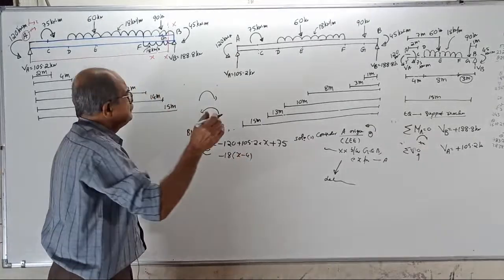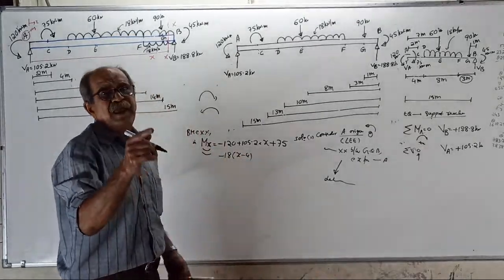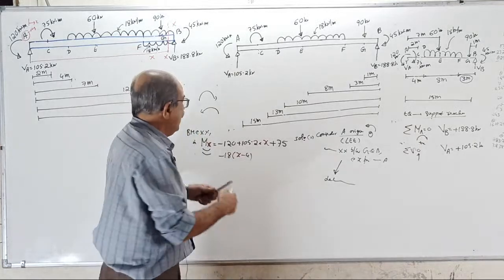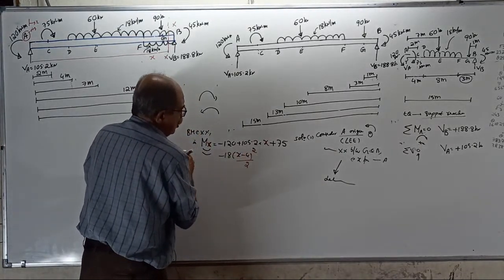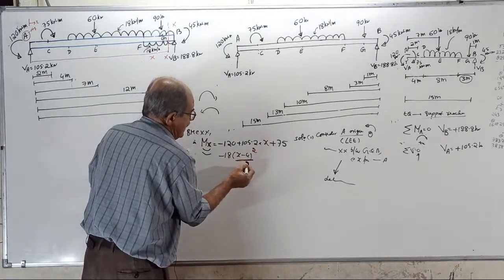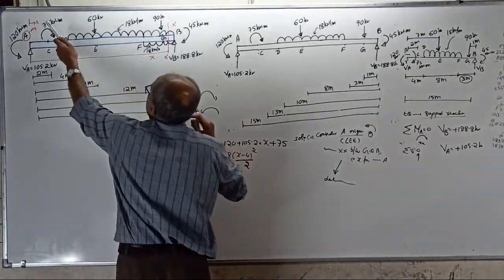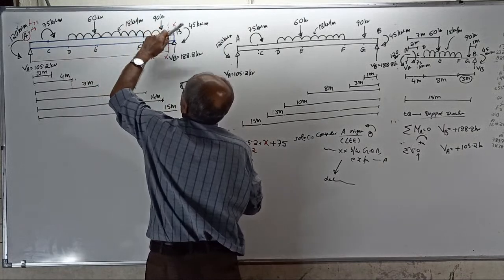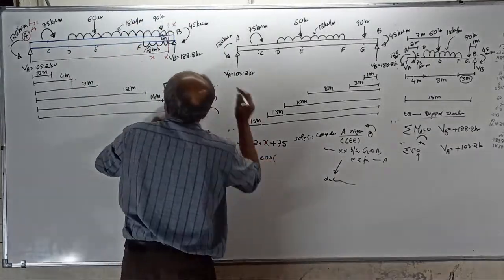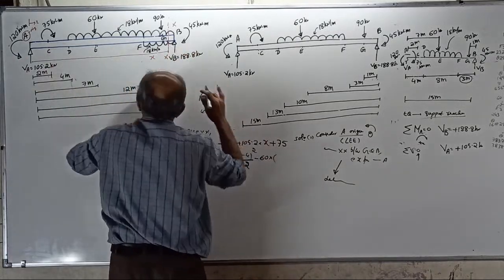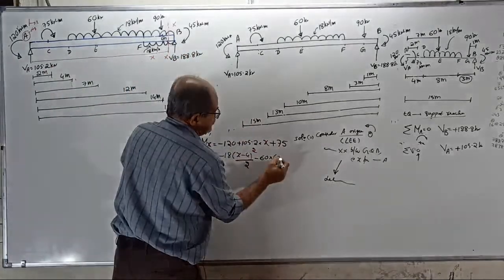Yesterday thoroughly explained: into X minus 4 divided by 2, or X minus 4 whole square by 2. Okay, then. Now the UDL from here up to here is over. Minus 60 into, see here, X minus 7.